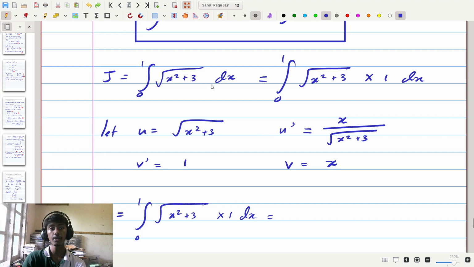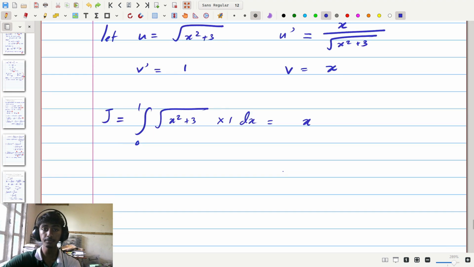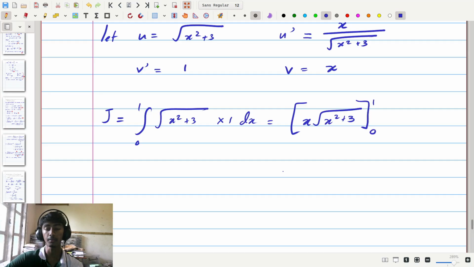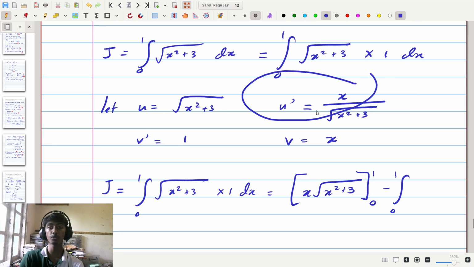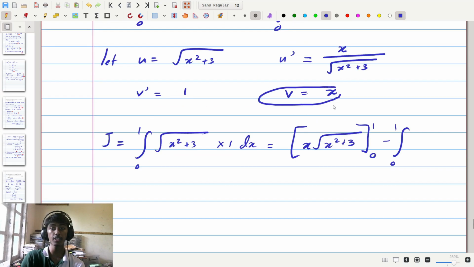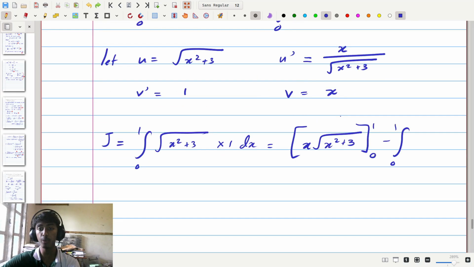So uv is this term times this term, which is x times the square root of x squared plus 3, and since this is a definite integral, I need to evaluate this from the limits of 0 to 1, and then minus the integral of u prime v, which in this case is the integral from 0 up to 1 of u prime, which is x over the square root of x squared plus 3, times v, which is another x, which is going to give us x squared divided by the square root of x squared plus 3 dx.